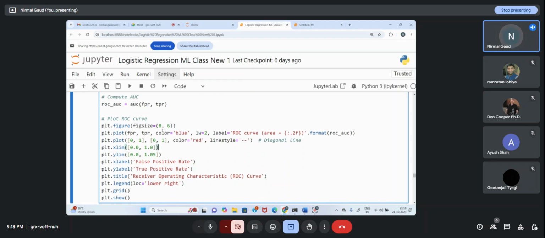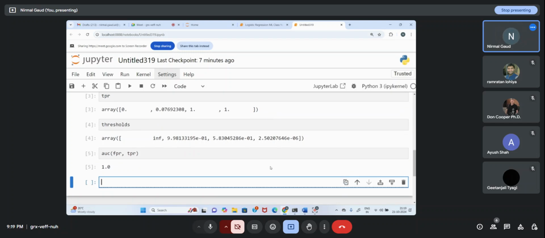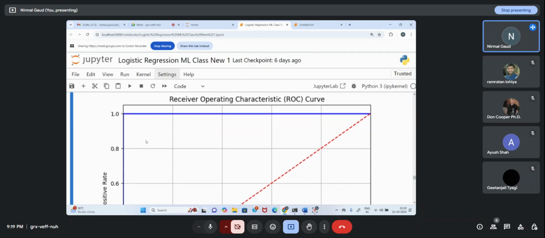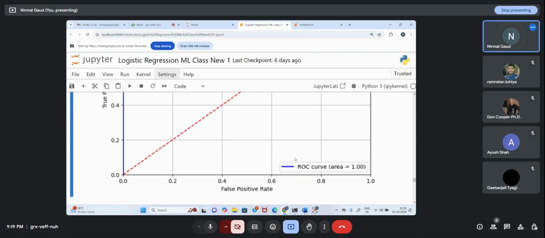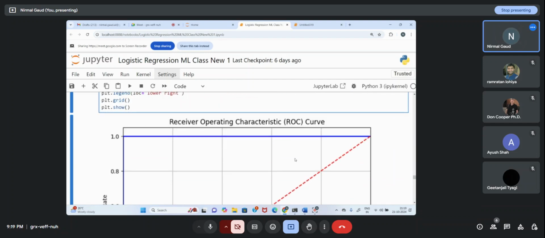So TPR and FPR values I printed here. This is FPR, this is TPR, respective values. We have plotted them, and the area is the area of the shaded region here. I can shade this, and the area is coming to be 1.